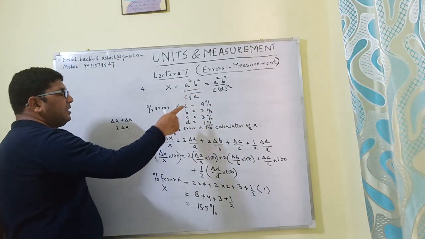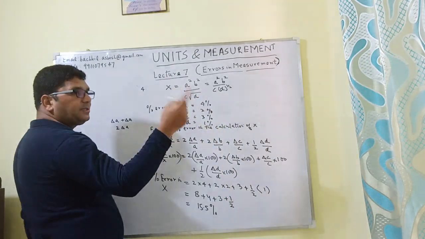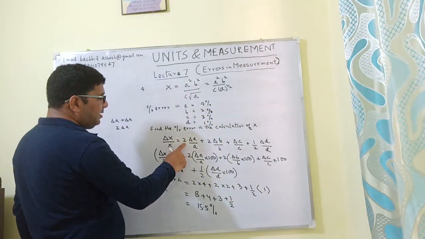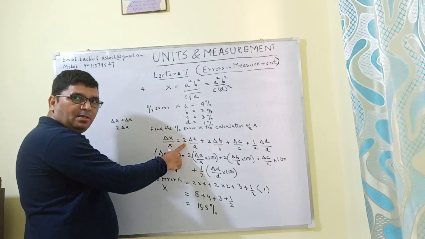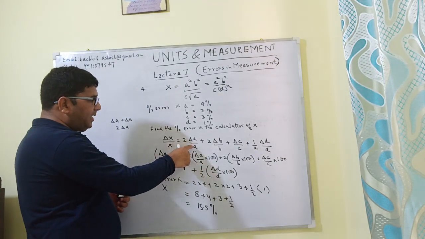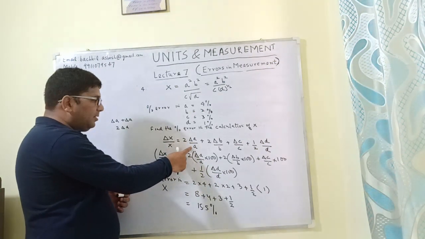And in this case, if the individual physical quantities are raised to some power, then that power is multiplied by the relative error.